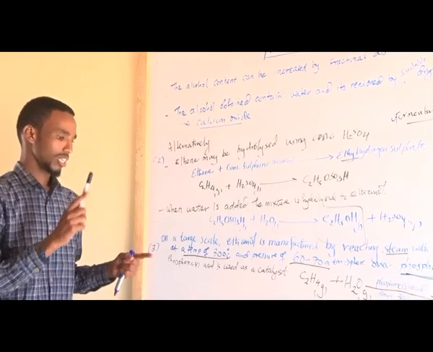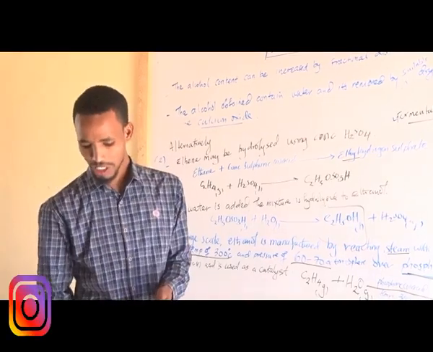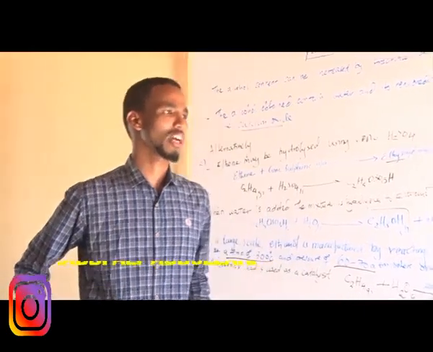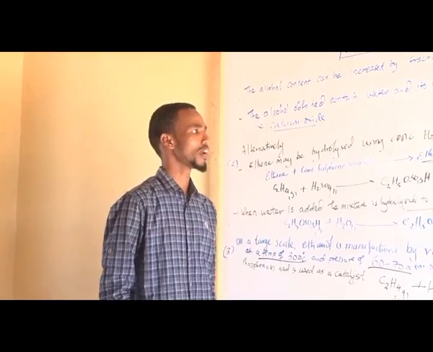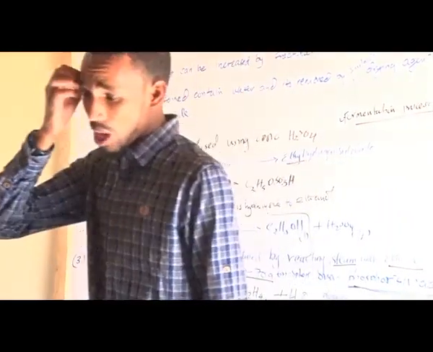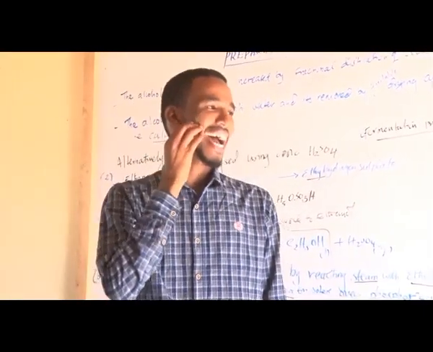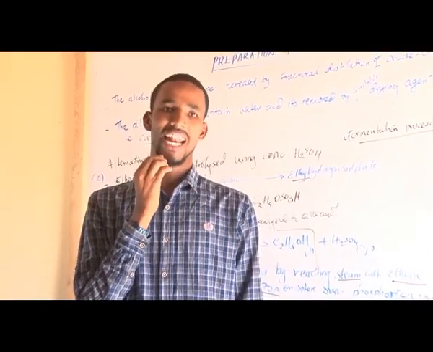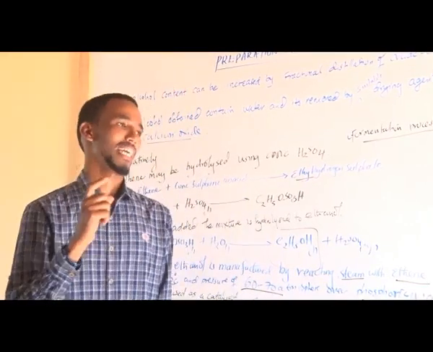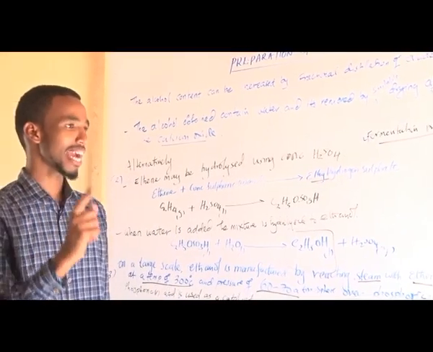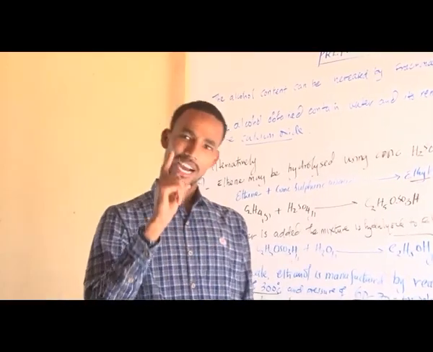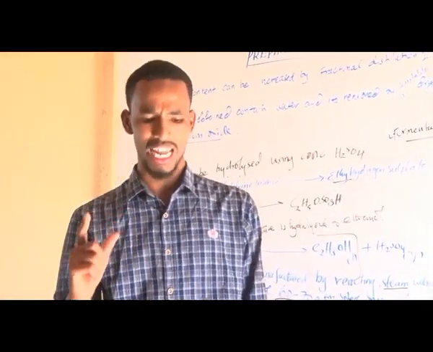So, to summarize the lesson, ethanol can be prepared in three ways. Number one is the fermentation process, where the sugar molecule is added to yeast, and the yeast has an enzyme called zymase, which breaks down the sugar molecule into ethanol, carbon dioxide, and energy in the form of ATP.